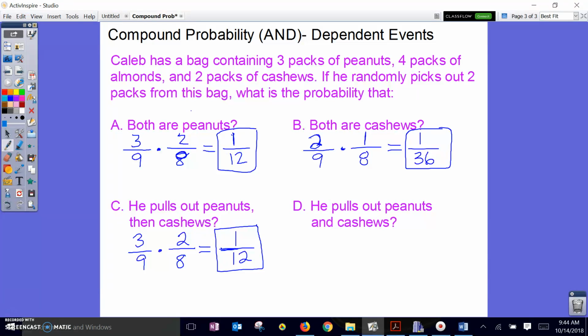And then the second one, he pulls out peanuts and cashews. Again, there are 2 ways to do this one. He can pull out peanuts first and then cashews, or he can pull out cashews first, which is 2 out of 9, and then peanuts.